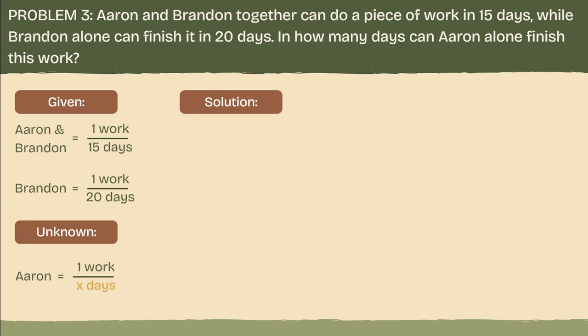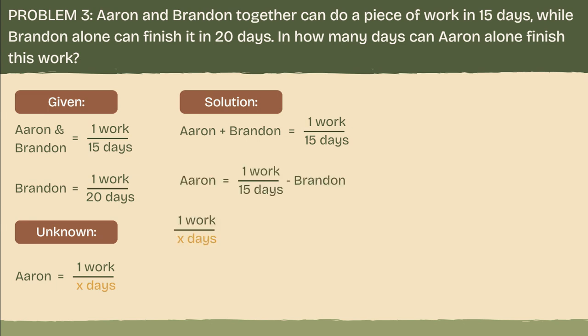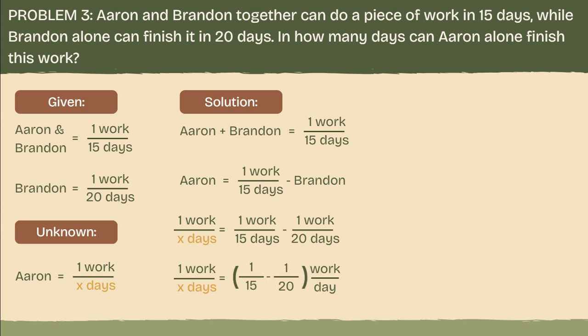In solving this problem, it is important to note that since the combined rate includes both Aaron's and Brandon's work, we can find Aaron's rate by subtracting Brandon's rate from the combined rate. That is 1 over 15 minus 1 over 20.